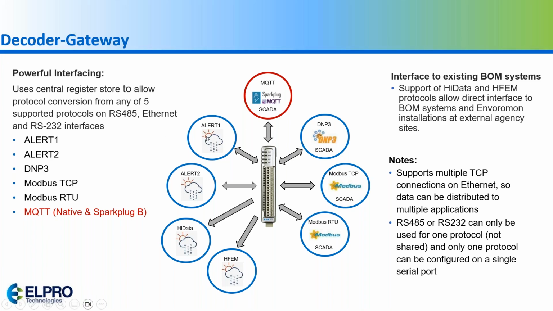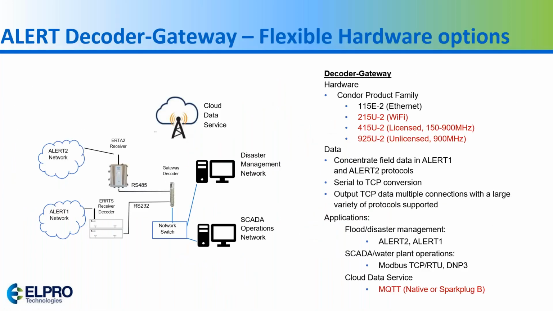You could bring in the older ALERT1, but the newer ALERT2 into it, and then be able to convert that information out Modbus, DNP3, or MQTT. I have a demo that I'm going to show at the end that's converting to MQTT.